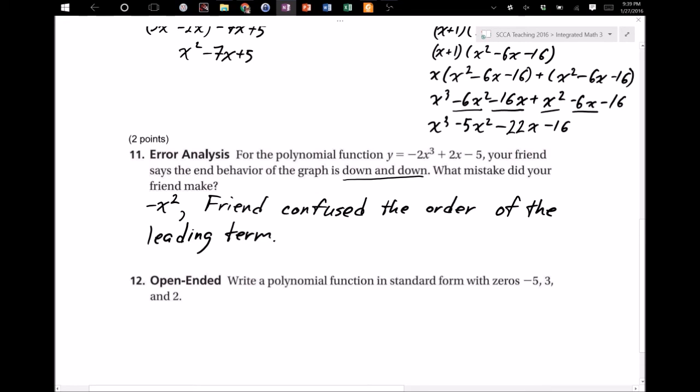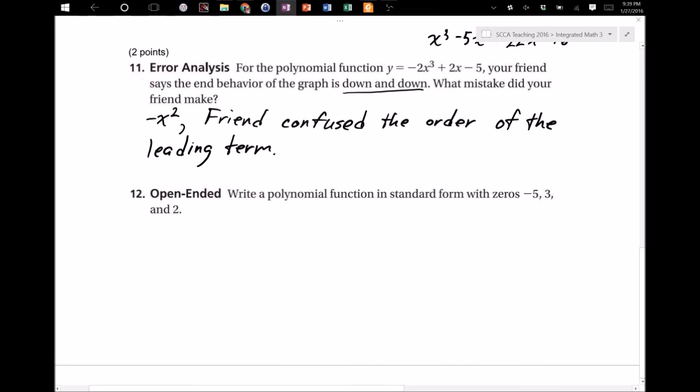And then for the last problem, we want to write a polynomial in standard form with these zeros. So the first thing I would do is, here is a polynomial that has these zeros. So I'm going to have a factor that has minus 5 as a root or a 0.